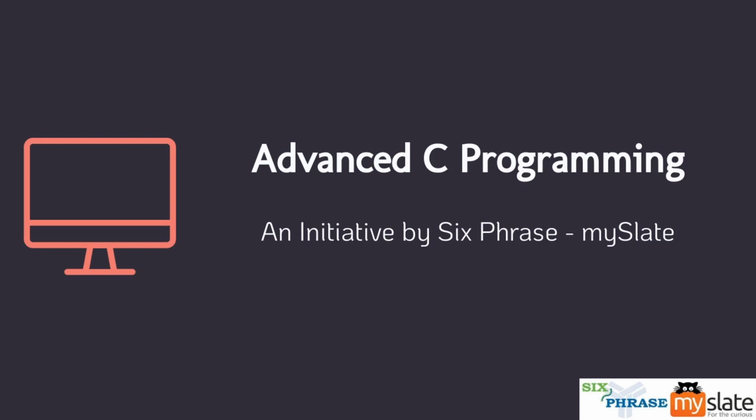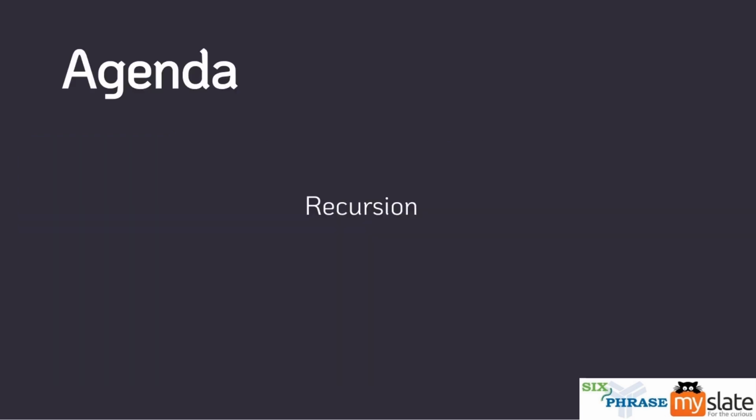I think we started with recursion a few videos before, and we have seen the introduction of recursion and also the types of recursion. Then we took a concept of time complexity analysis, and we found a method called recurrence relation, which can be used to find the time taken by a recursive code.